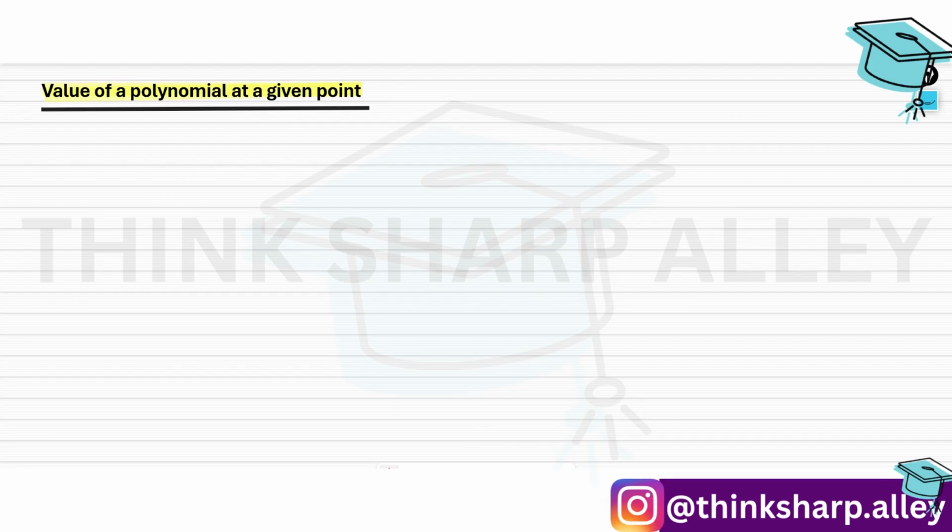Now let us understand, what do we mean by value of a polynomial at a given point. Suppose we have a polynomial, and if I ask what is the value of this polynomial at x equal to 2, it simply means substitute 2 in place of x in the polynomial. So basically we are finding out p(2).